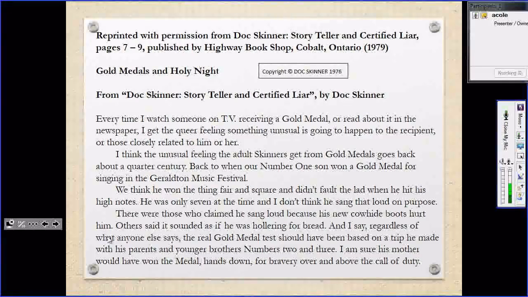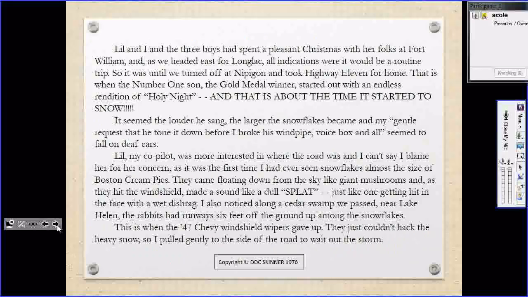He was only 7 at the time, and I don't think he sang that loud on purpose. There were those who claimed he sang loud because his new cowhide boots hurt him. Others said it sounded as if he was hollering for bread, and I say, regardless of what anyone else says, the real gold medal test should have been based on a trip we made with his parents and younger brothers, numbers 2 and 3. I am sure his mother would have won the medal hands down for bravery over and above the call of duty.